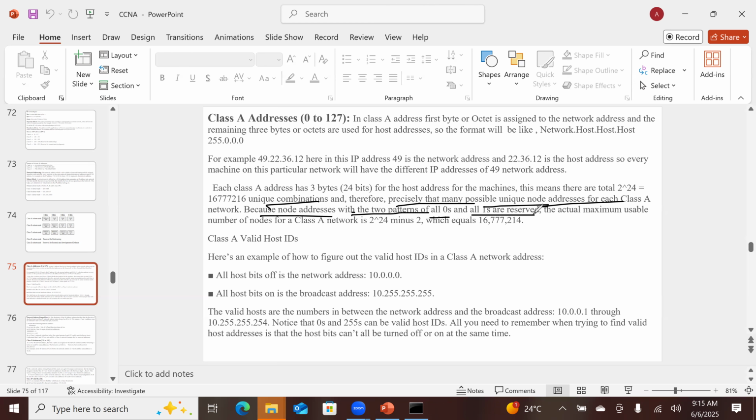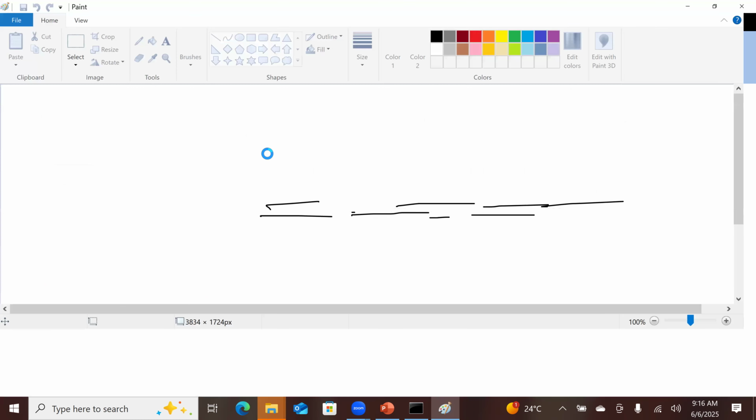What do you mean by all zeros and all ones? If I take the same IP address, 49.0.0.0, all zeros and all ones are reserved. All zeros means we have to consider the host bits. If they are all 0, then we consider it the network address.